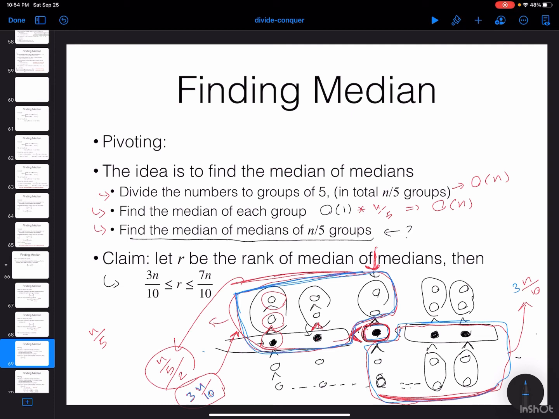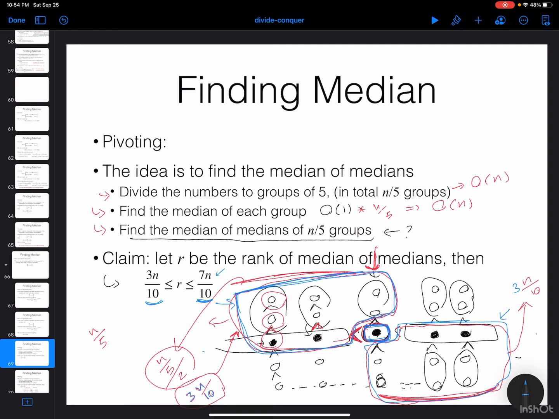And I know that the median of the medians is going to be greater than all these items and smaller than all these items. So if you find the rank of this one, it is going to be greater than 3n divided by 10 and smaller than 7n divided by 10, right?